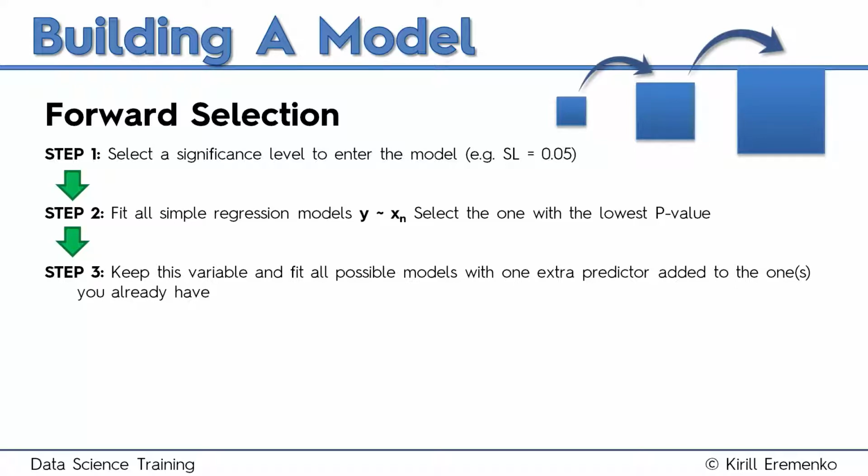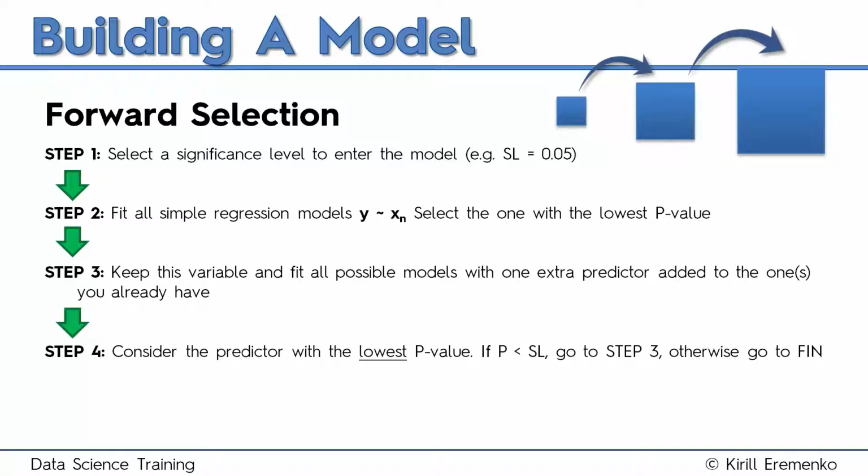So we construct all possible 2 variable linear regressions, definitely keeping the variable that we've already selected. So what do we do after that? Out of all of these possible 2 variable regressions, we consider the one where the new variable that we added had the lowest p-value.